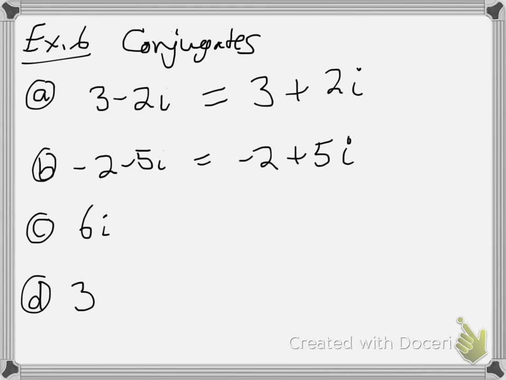Now, I said we're only changing the sign for the imaginary part. C is only imaginary. So 6i, the conjugate of that will be negative 6i, because you change the sign on the imaginary part. And then D doesn't have an imaginary part, it's just the real part. So the conjugate of that is just 3.